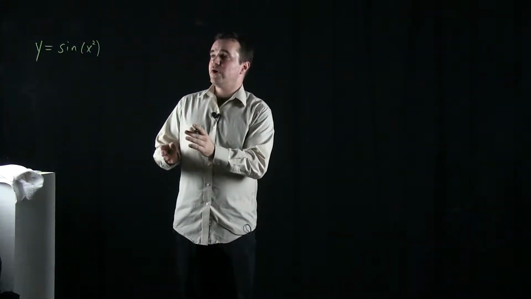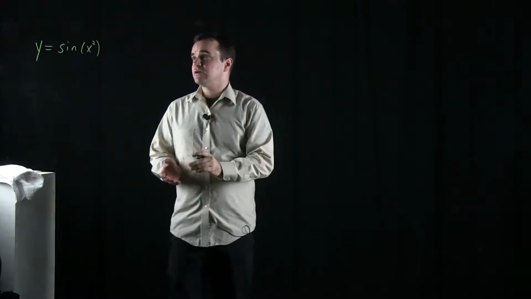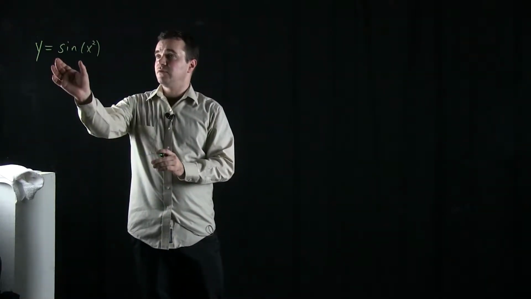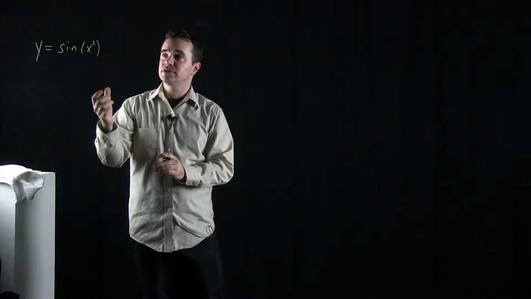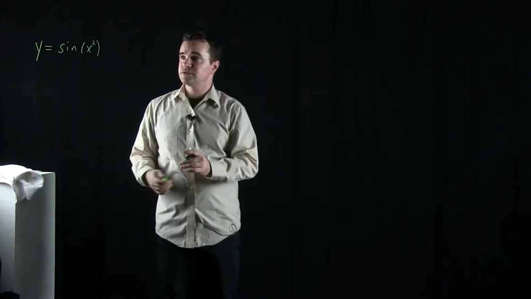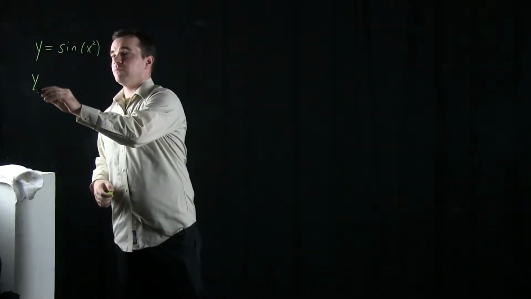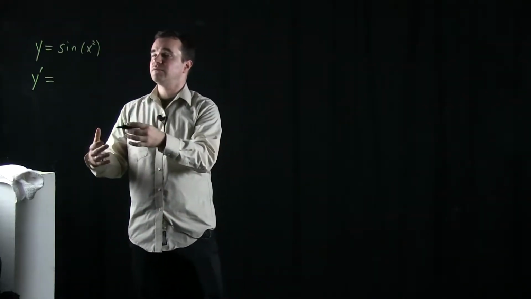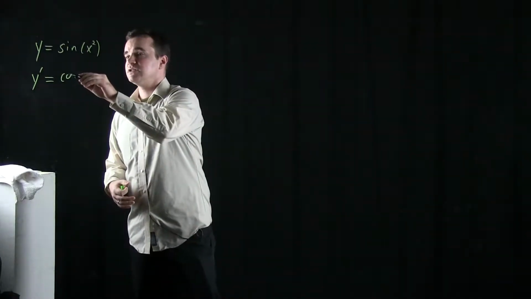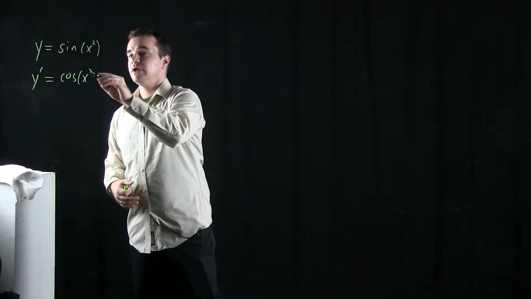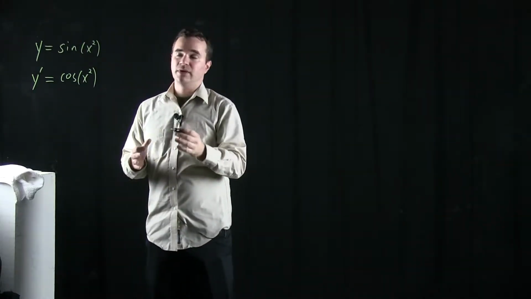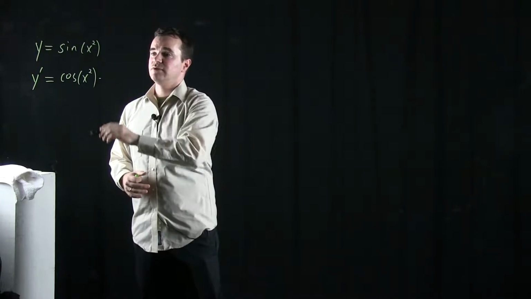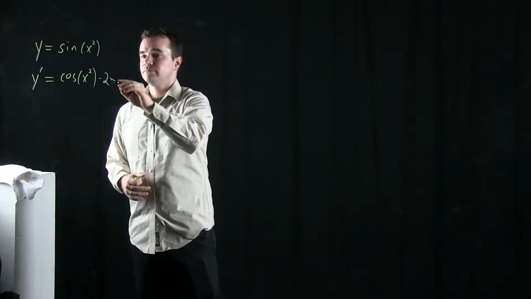Now the quick way to do this is to think of an outside function, like sine of x, and an inside function, what's being composed, that's x squared. And so if you want to find y prime, the way you should think about it is: derivative of the outside function, in this case that's cosine of x, plug in the inside function, then multiply by the derivative of the inside. Derivative of x squared gives you 2x.